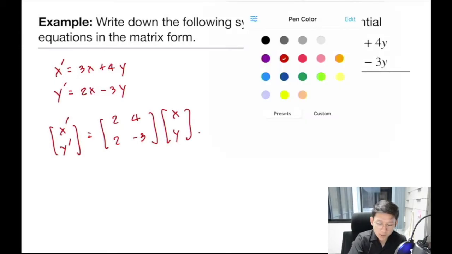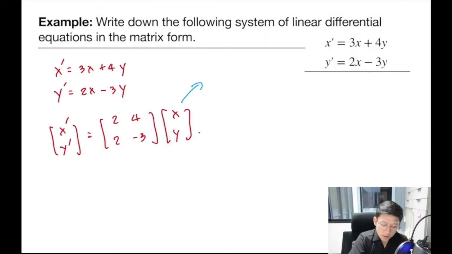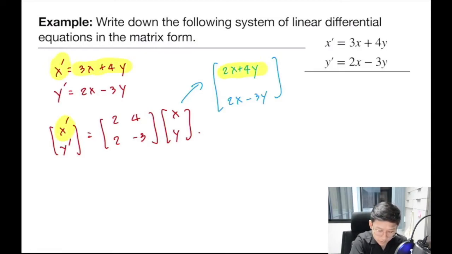Because if you multiply this matrix, you would get 3x plus 4y, and then 2x minus 3y, and this is what you would have. Oops, sorry, it's a typo here. My bad, it's 3 here, not 2.